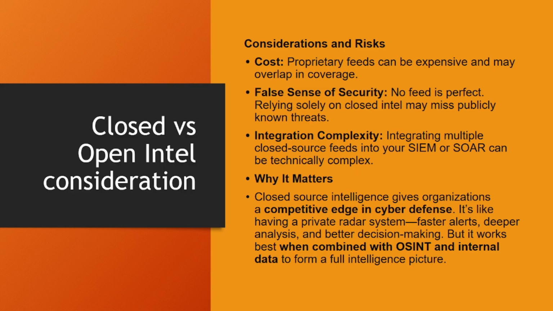Integration complexity: when you integrate closed source feeds into your SIEM or SOAR, it can make it a more complex situation than it already is. Closed source intelligence gives organizations a competitive edge in cyber defense. It's like having a private radar system: faster alerts, deeper analysis, and better decision making. But it works best when combined with OSINT and internal data to form a full intelligence picture.